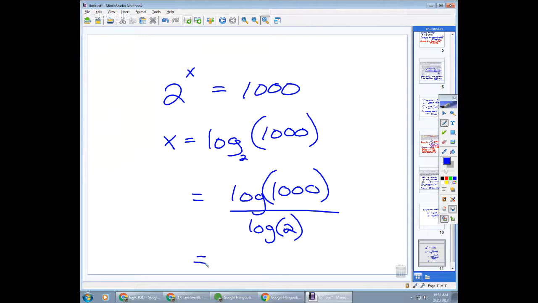And give me 3 decimal places on that. What do you think, Jenna? 9.965. Okay. Jenna was unsure of that answer, which is okay.